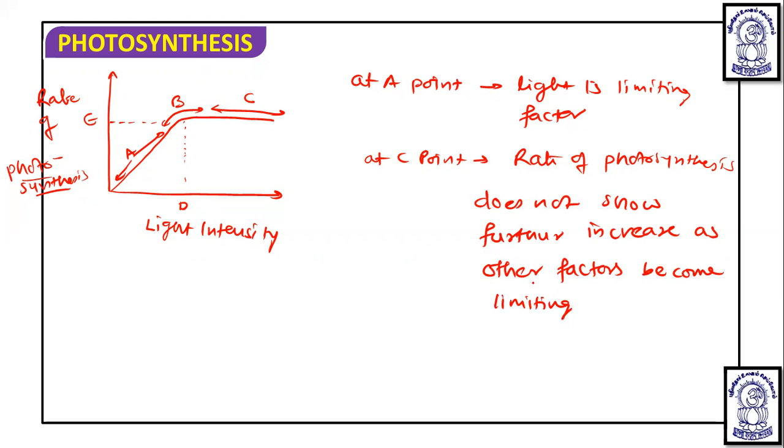At point D the light saturation occurs. Point E shows the maximum rate of photosynthesis. So this is about light intensity.